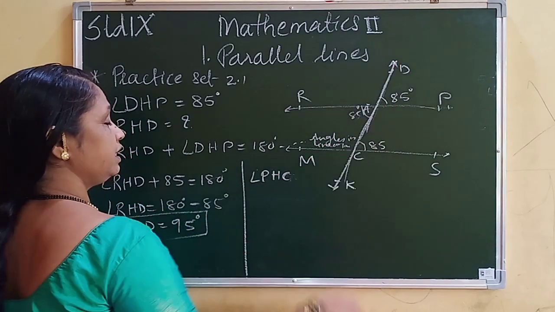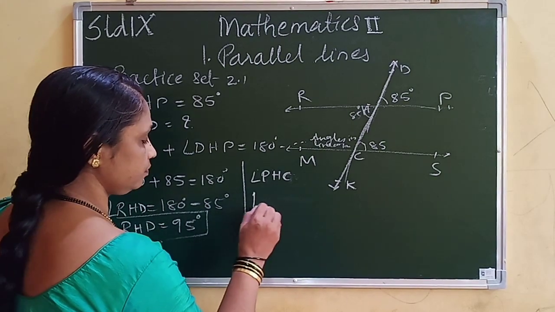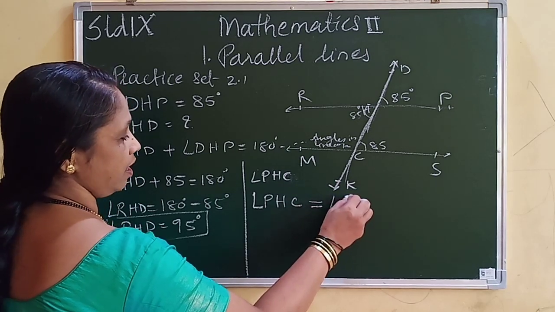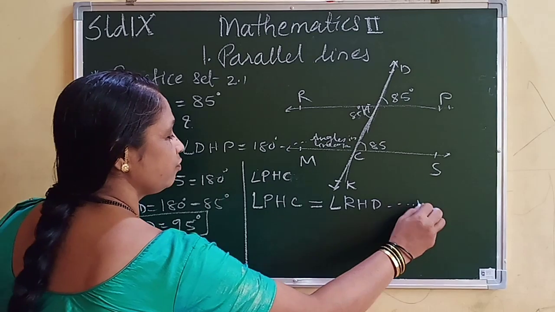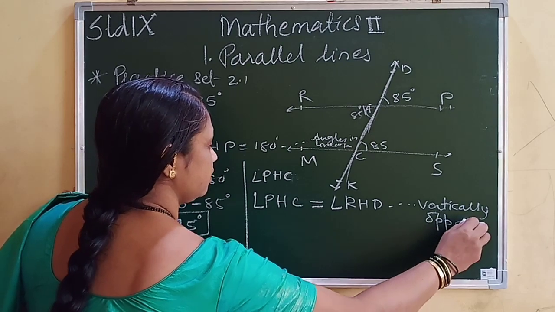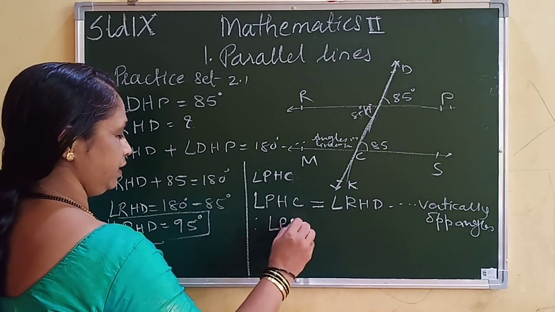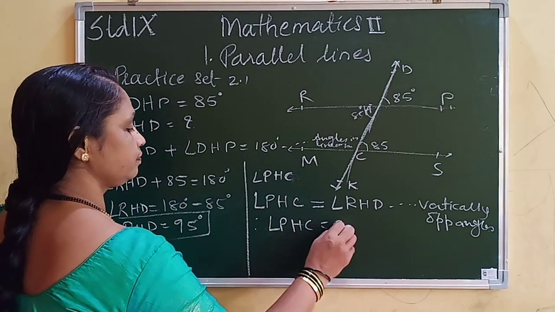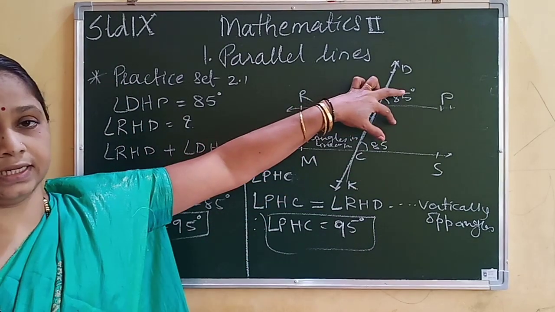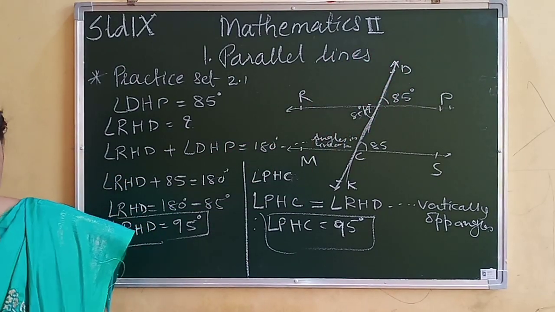Then this will be the linear pair also you can say, or we can say angle PHC is equal to angle RHD. Why? Vertically opposite angles. Okay, therefore angle PHC is equal to 95 degree. In this way also we can do it, or considering linear pair also you can get the answer of this.